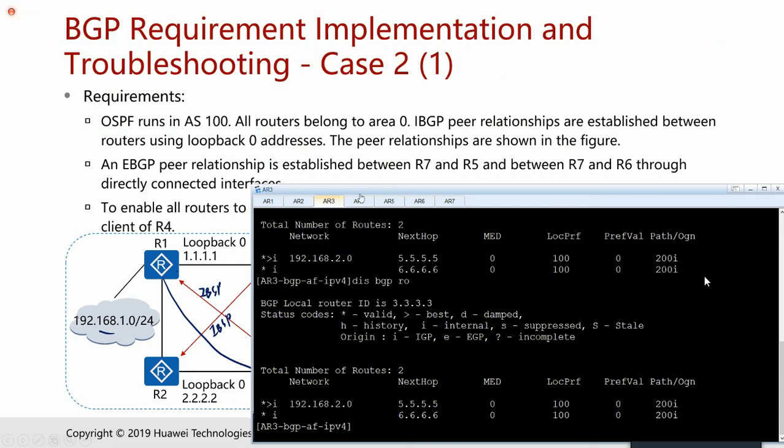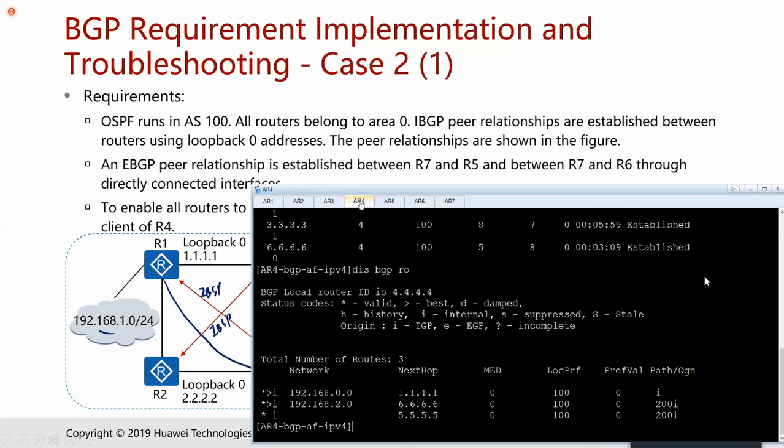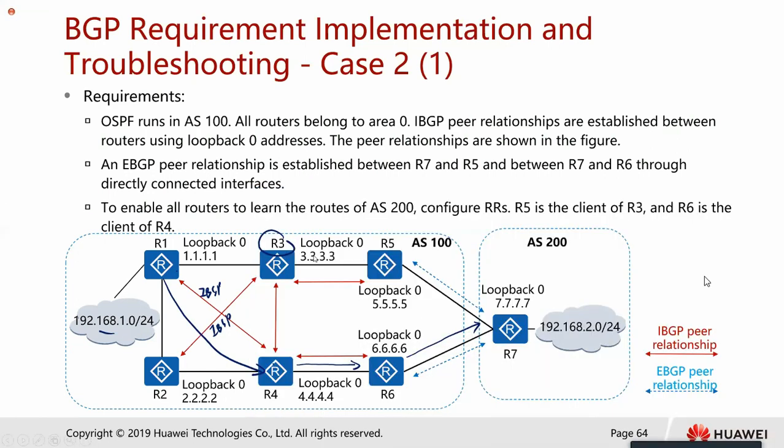When router 4 displays BGP route, I learned it, but when I check the details, I only send to 6.6.6.6. I will not send to 3.3.3.3 because it's IBGP. I will not send to the next IBGP.